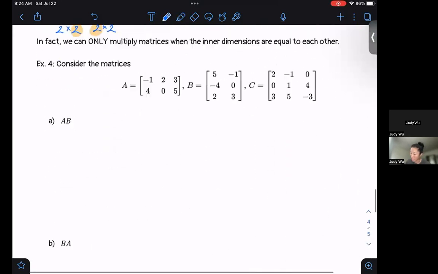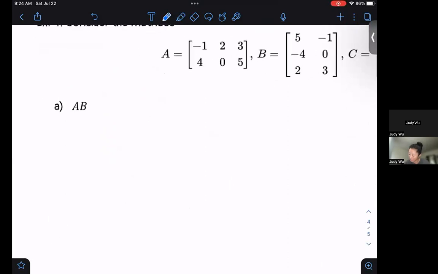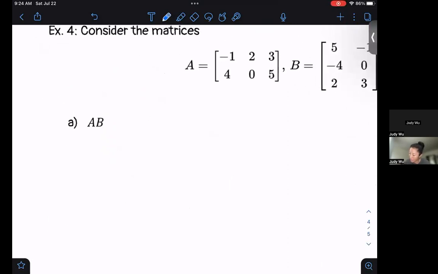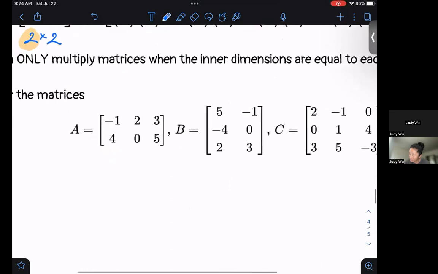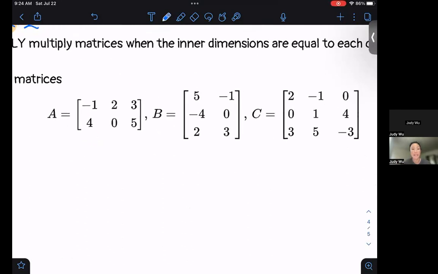So let's practice this technique a bunch. We have A, B, and C. Before anything else, I'm going to write out the dimensions of these matrices, because once I have the dimensions, that will tell me whether I can actually multiply them or not. A has 2 rows and 3 columns.